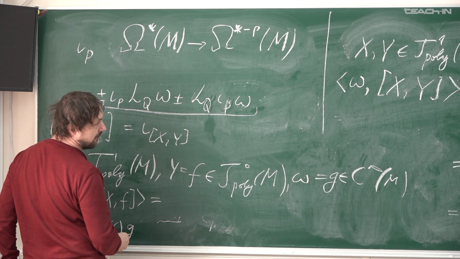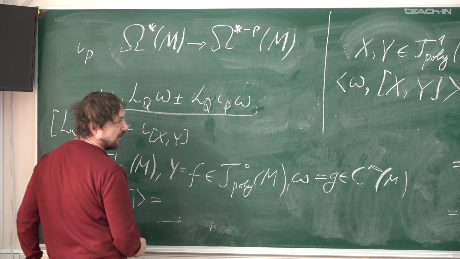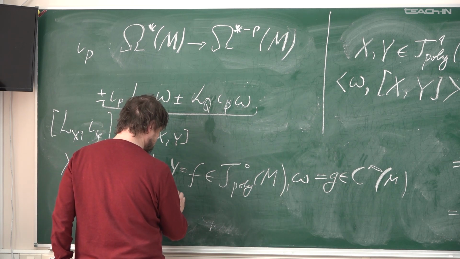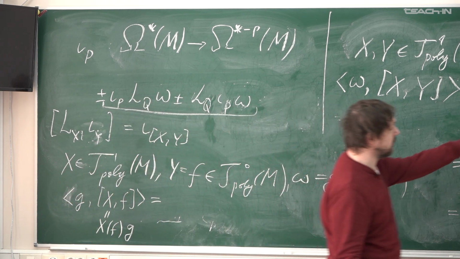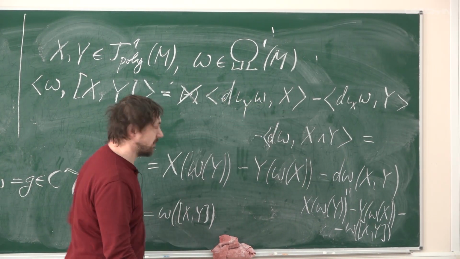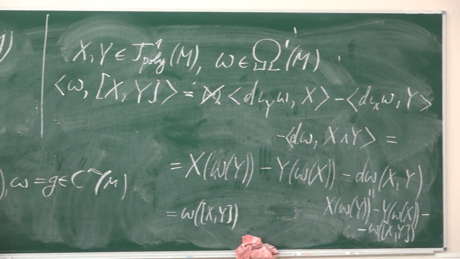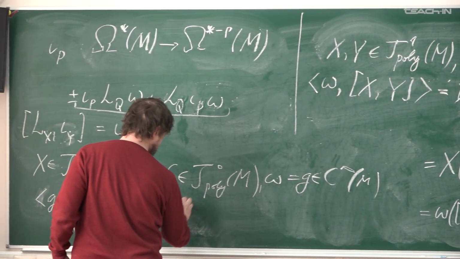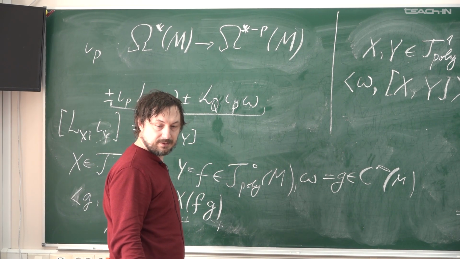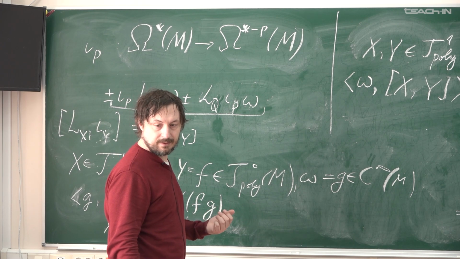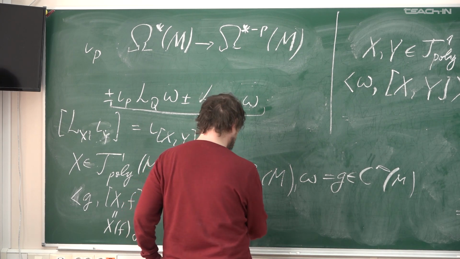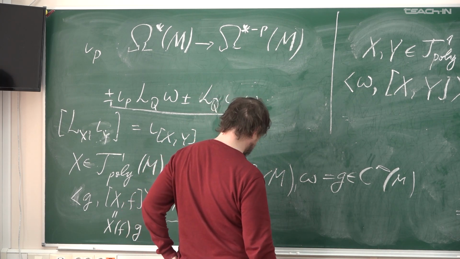So what do we have on the right, on the other hand? You take the differential of the product of f and g, right, and substitute it into x. You get just x of fg. Again, the sign is non-existent because one of the fields is of degree 0 and the other of degree 1, so 1 minus 1 is 0. Minus, now this sign is constant, and that's a relief.